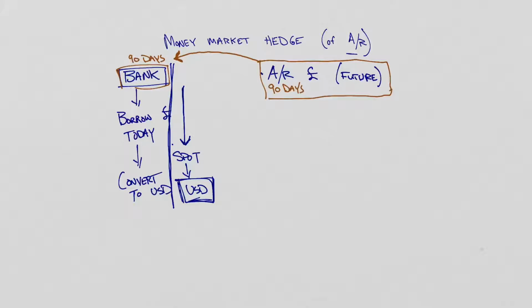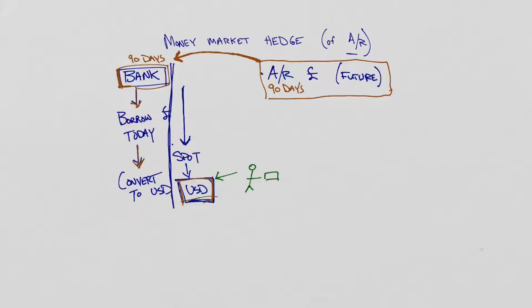We borrowed just enough pounds to be covered by this accounts receivable that we were expecting. And when we borrowed that, we immediately converted it into dollars at the spot market, and then we got our proceeds, and then we went and did stuff with it. So the only other thing we need to think about is, with this hedge, we immediately went off and did stuff with the money.